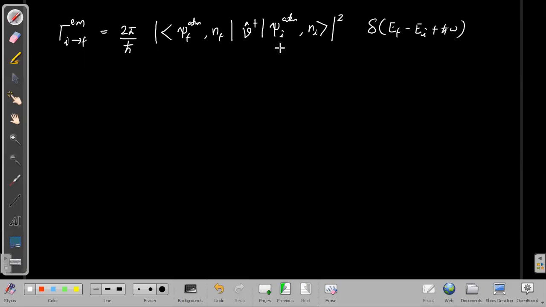Now the same thing we can do here. I already know the expression for V dagger. Just substitute it and do all the simplification that we have already done for the absorption. The emission process is also called the de-excitation process.